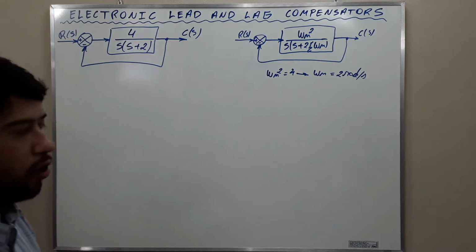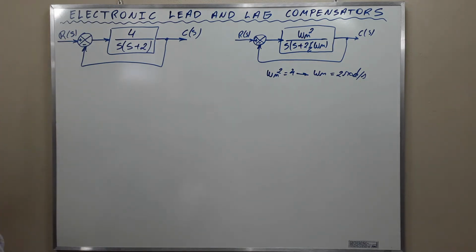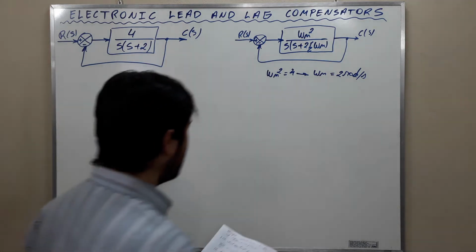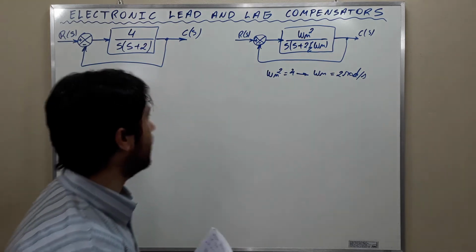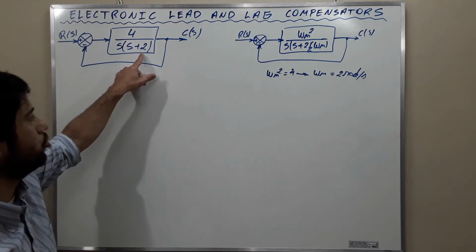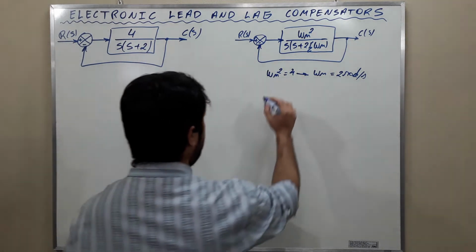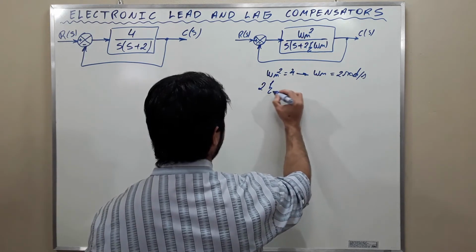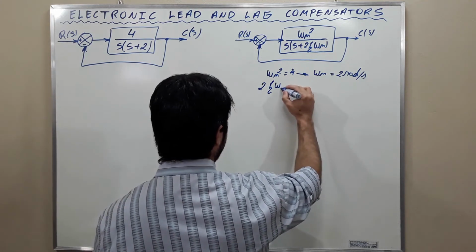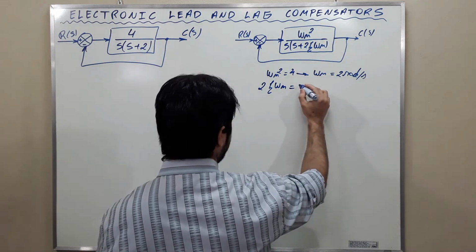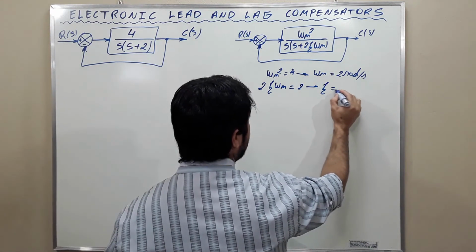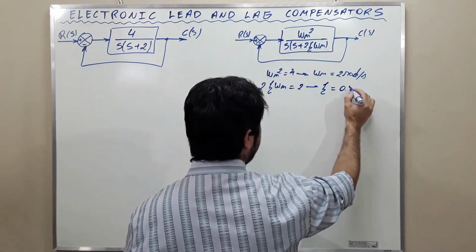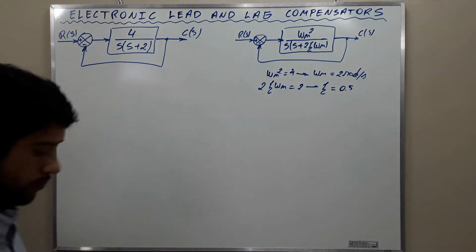We want 4 radians per second without changing the damping ratio. Okay? Observe that 2 times zeta times Wn is equal to 2, which gives a value of 0.5 for zeta.